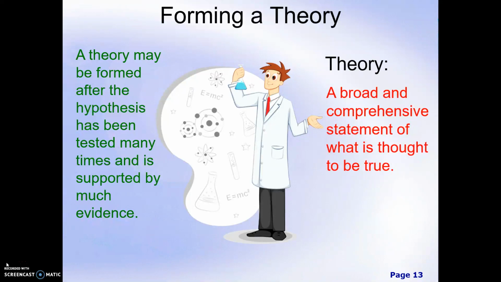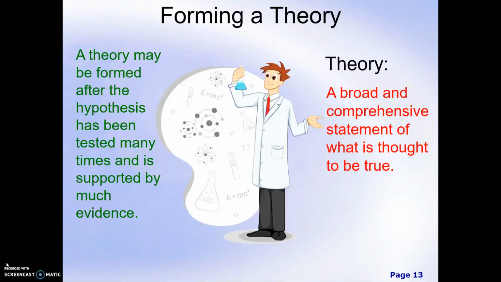Now, in science, a theory is different than how we describe it in the real world. In the real world, we say theory as something that we don't know if it's true or not. It's just our idea. It's just our prediction. But in science, a theory is true. It's a big statement of what we have done hundreds, thousands of experiments on.